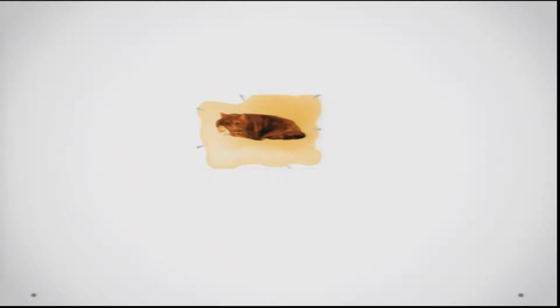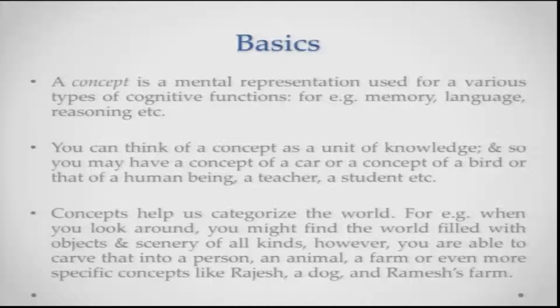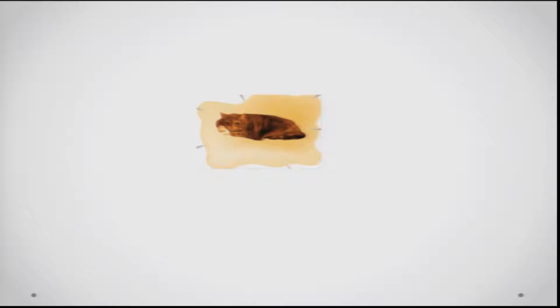One of the first aspects of knowledge that I would like you to think about is a concept. Do you have a concept of a cat? A concept is a mental representation that is used for various types of cognitive functions. Whenever you look at the picture of the cat, you have a mental representation that this is a cat, and this is what you will use to talk about the cat and to think about the cat.